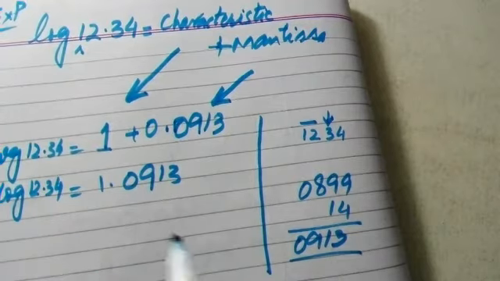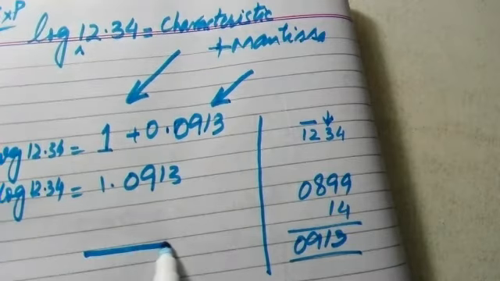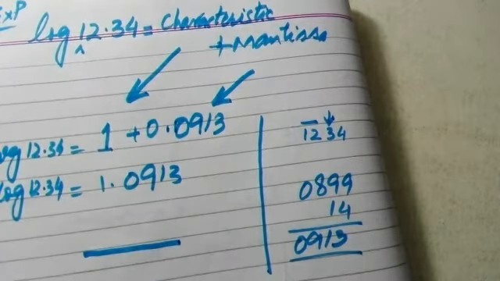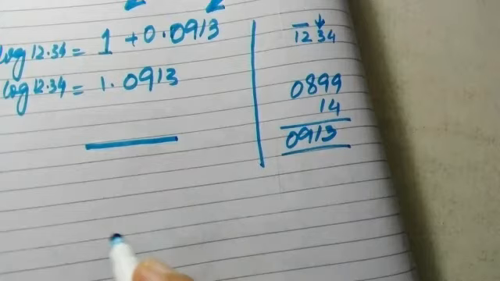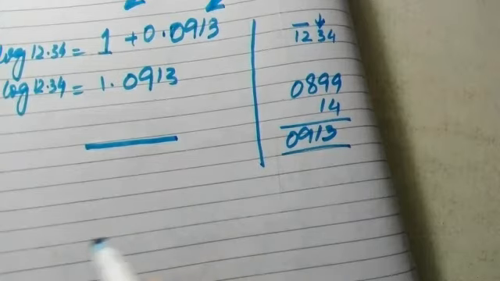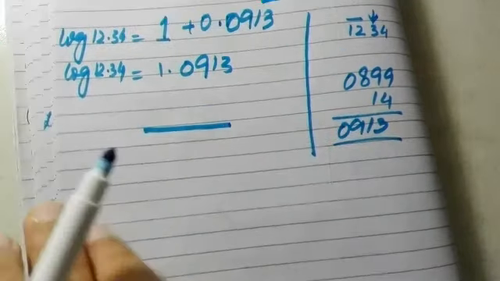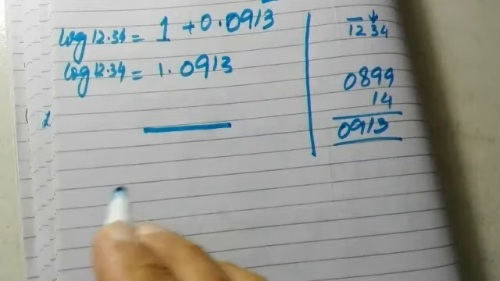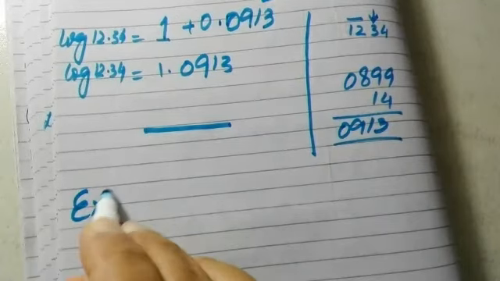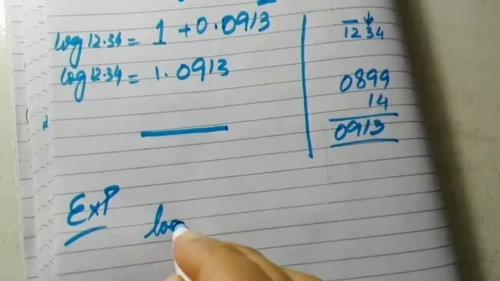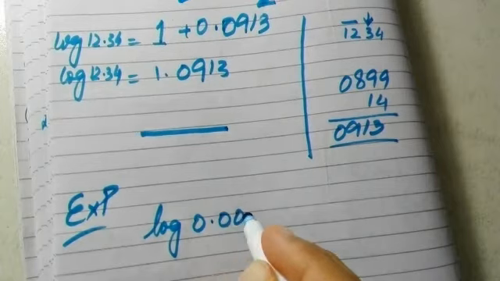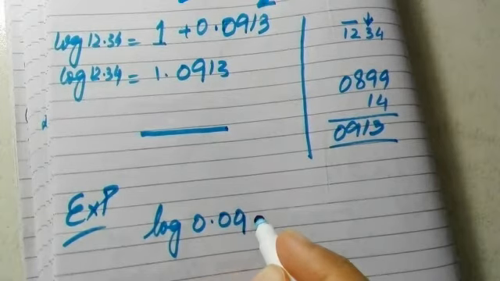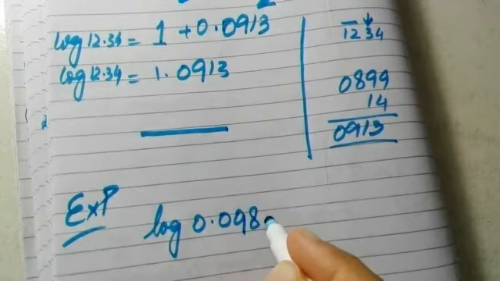Now I will write another example in which the characteristic appears as a negative logarithm. For example, I am interested to find log 0.00987.